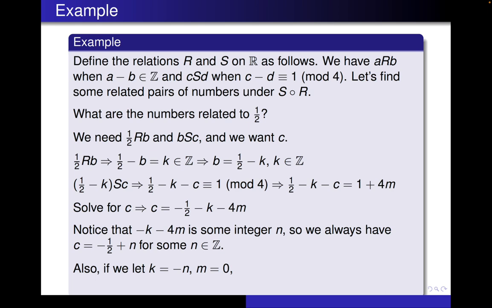So we could get any integer we want. So not only does C have to be negative 1/2 plus an integer, but negative 1/2 plus any integer can be engineered. So C is equal to negative 1/2 plus n for any integer n in Z.